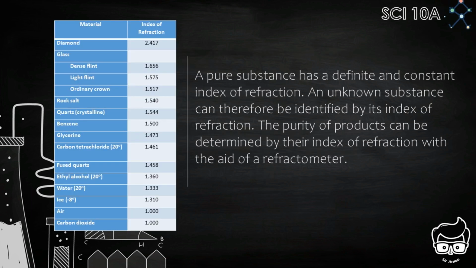A pure substance has a definite and constant index of refraction. An unknown substance can therefore be identified by its index of refraction. The purity of products can be determined by their index of refraction with the aid of a refractometer.